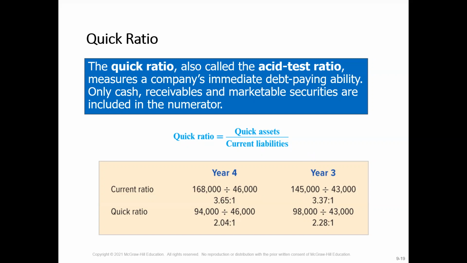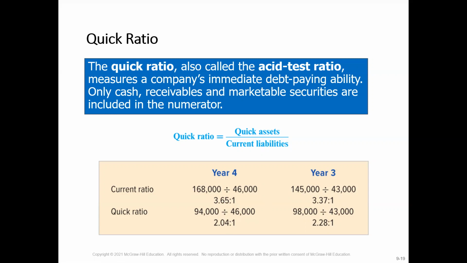Okay, so quick ratio, if we looked at quick ratio versus year 1 or year 3 versus year 4, our year 4 current ratio was higher, but our year 4 quick ratio is lower. So we might have something happening in the trend, like maybe we have more accounts receivable outstanding as of year 4, and that would be a source of analysis.